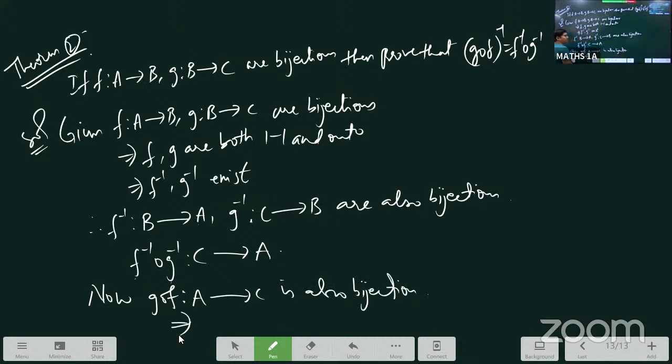Just now we proved in the first theorem, yesterday, that g circle f mapping from A to C is also a bijection. Is it clear? That implies (g circle f) whole inverse exists.